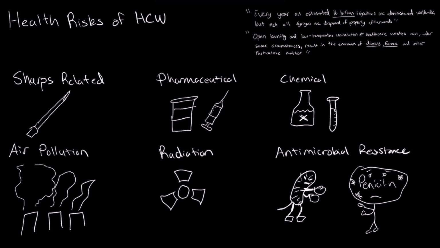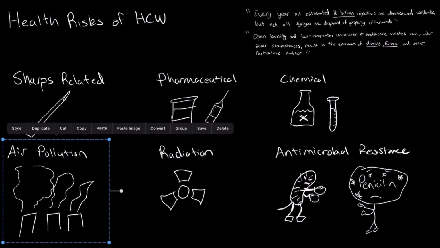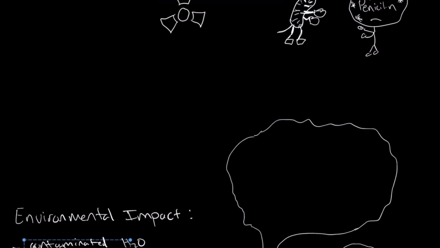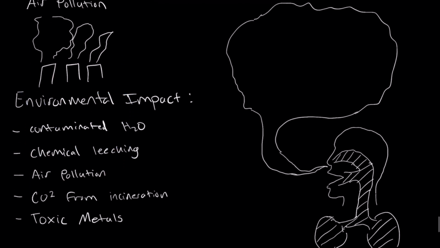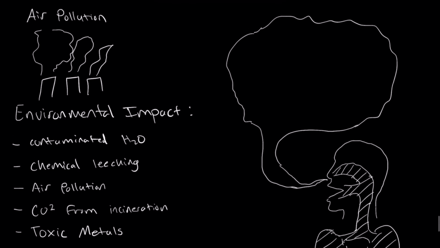And what I want to briefly do for a second is take air pollution and use it as a springboard to talk a little more broadly about the environmental and climate impact of these healthcare wastes and dive a little deeper and show you some of the ways that these things are affecting us. So not only can they contaminate the water, they can cause chemical leaching into water sources or into air sources.